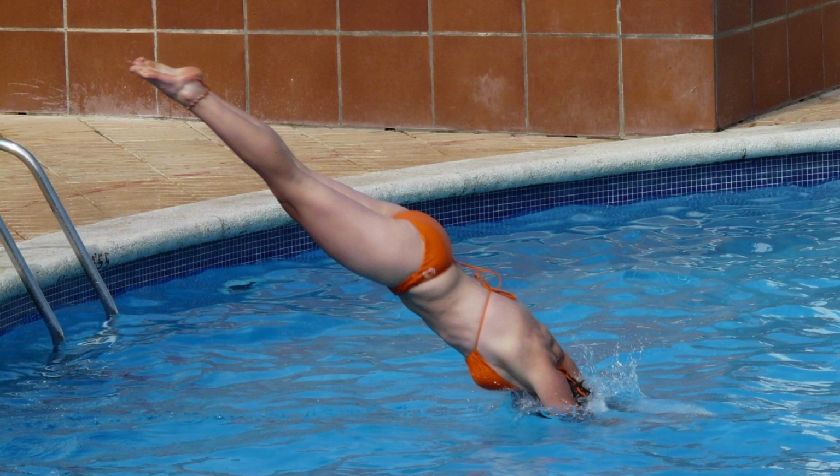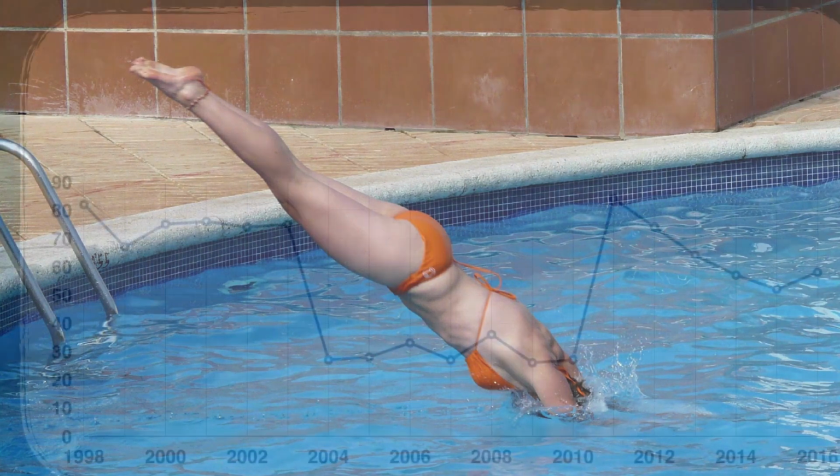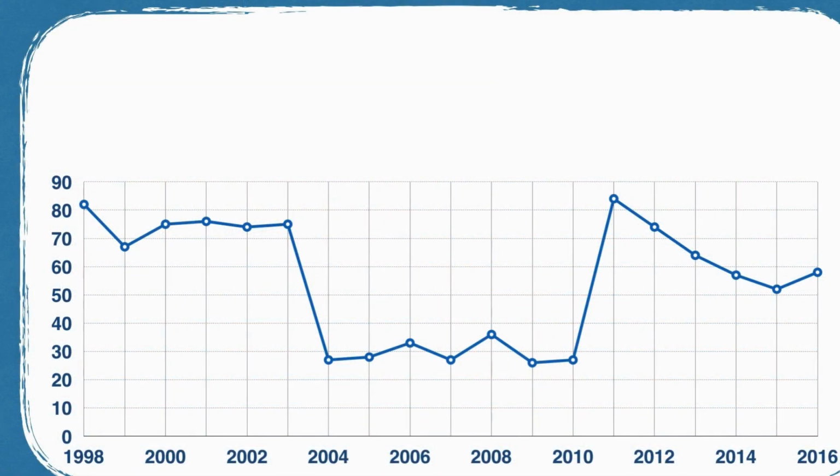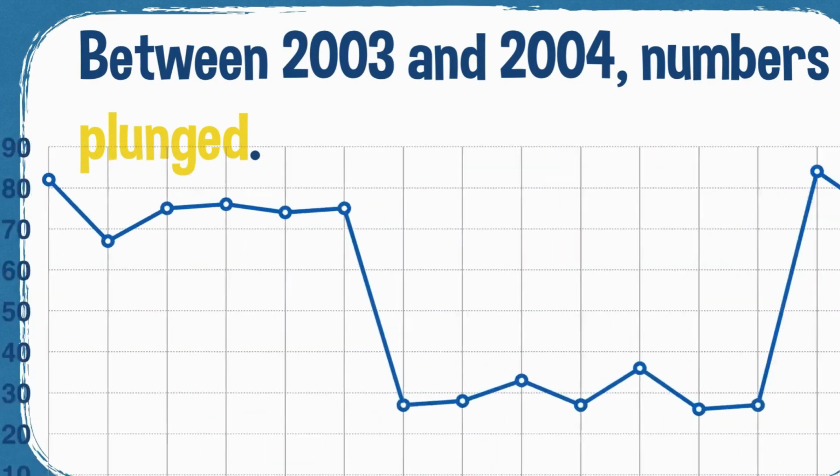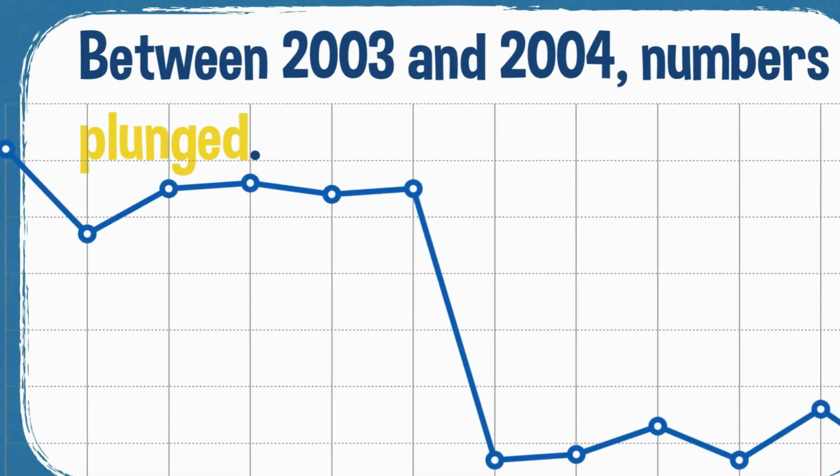As you can see by her angle, it's a steep and fast drop down. So you could say on this graph, between 2003 and 2004, numbers plunged. That's really the only place that numbers plunge on that graph.